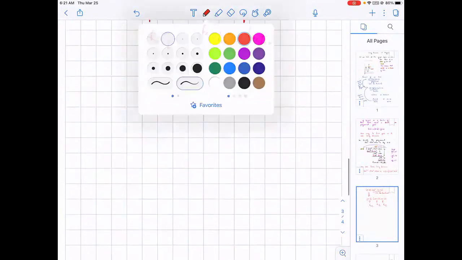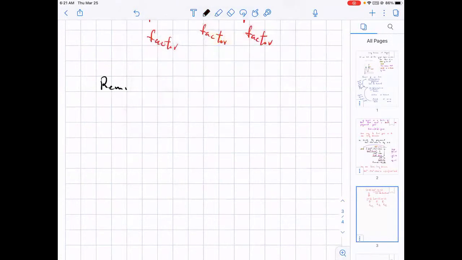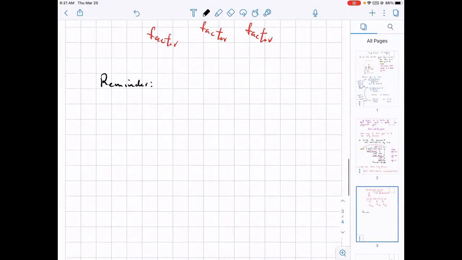So as a quick reminder, let's say we have x squared plus 3x plus 5.